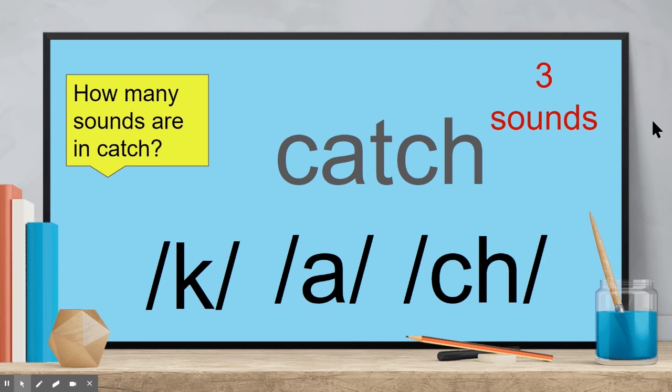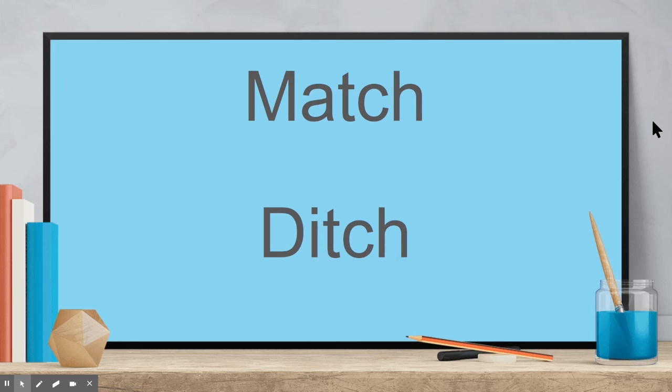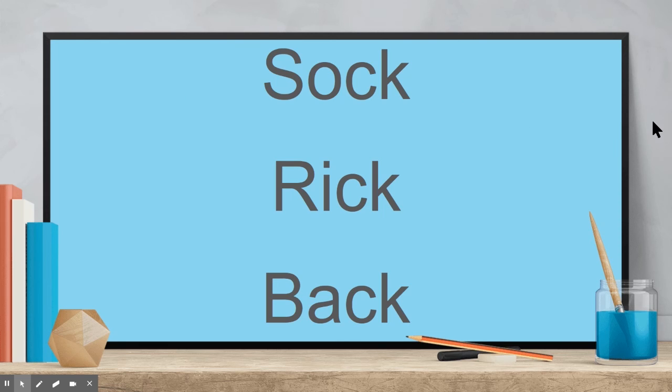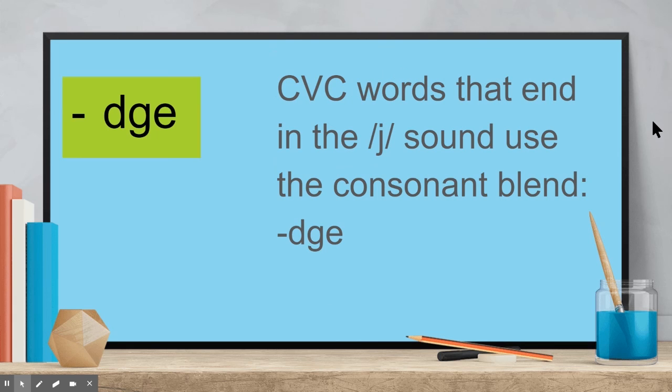There's not a T sound in there. It's a silent T. This is the same for the word match and ditch. And then the other important thing we'll look at is with CVC words that end in the K sound, that we have to use the CK. And so that's how come we have words like sock and rick and back, right?